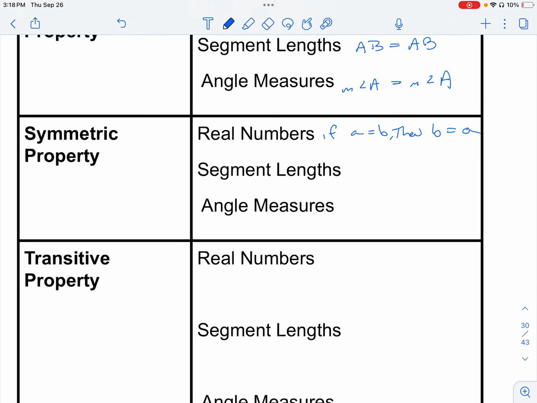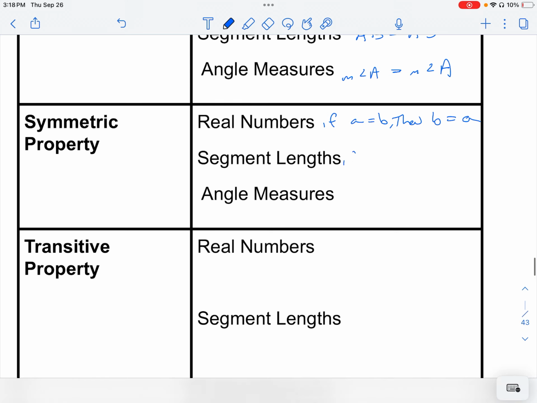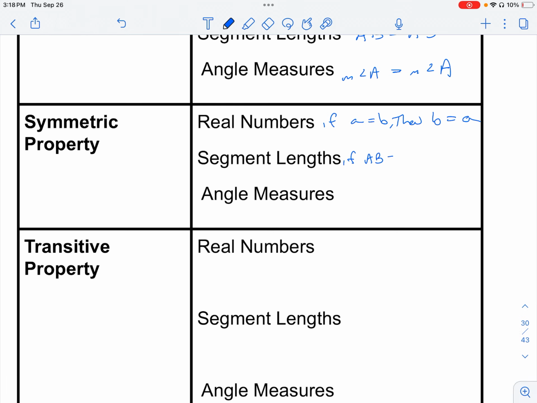So if we're dealing with segment lengths, if AB equals CD, then CD equals AB. And with angle measures, if the measure of angle A equals the measure of angle B, then the measure of angle B equals the measure of angle A.